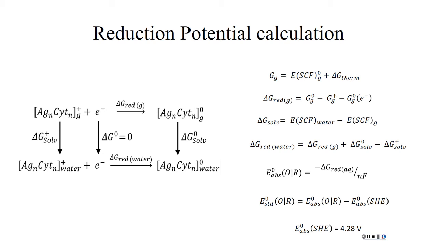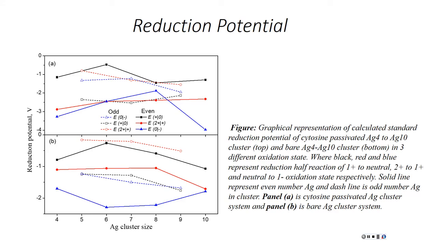I consider the three different reactions of size 1: starting from +1 to neutral, +2 to +1, and neutral to -1. The charge of the system in the parentheses is changing from 0 to -1, +2 to neutral, and +2 to +1.